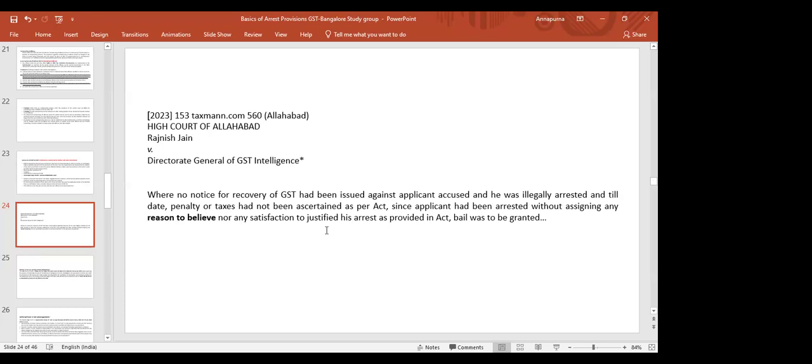Okay. See, so to release a person, a taxpayer from arrest provisions, a taxpayer will take advantage of the department's mistakes. Now, you know, in Mysore also, the state GST department has arrested people. Yes, sir.